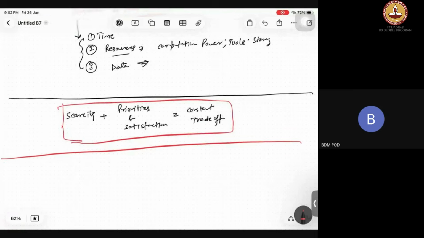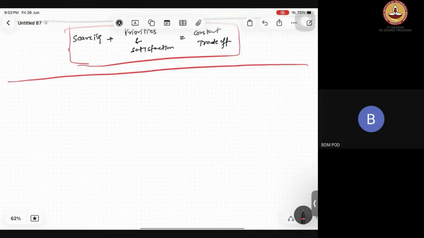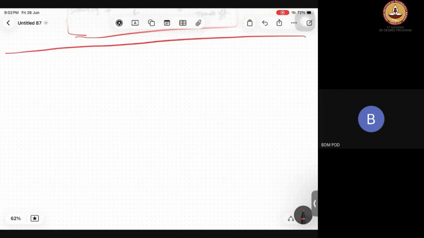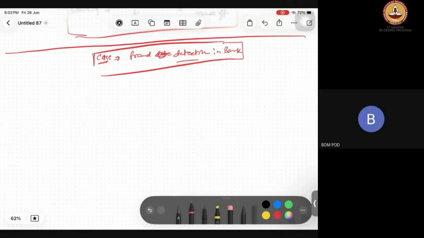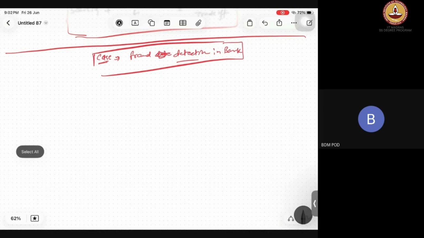Now we are coming to an important point, the case study. This case is related to fraud detection in a bank loan. So how are we going to do fraud detection in a bank? What are our targets?